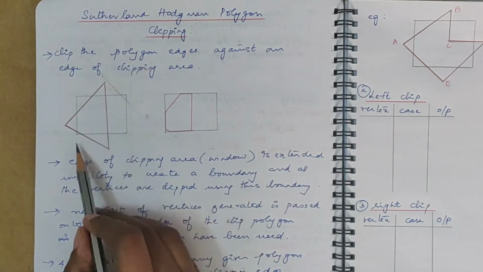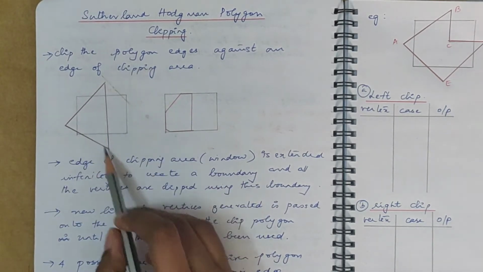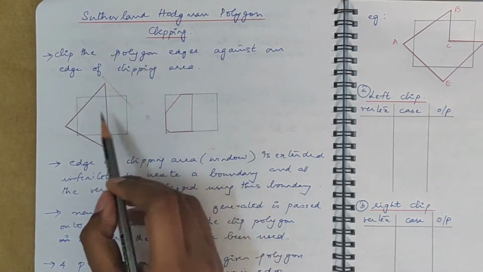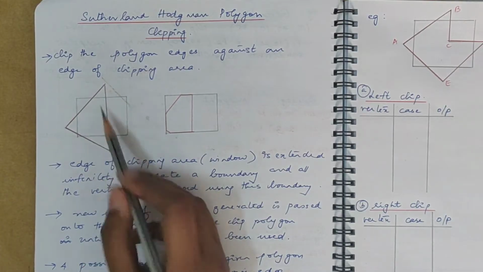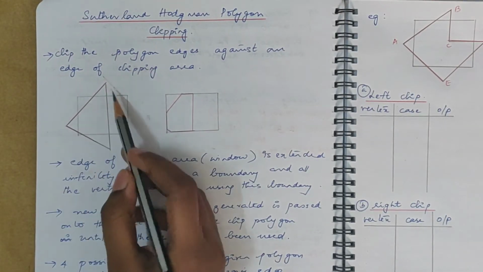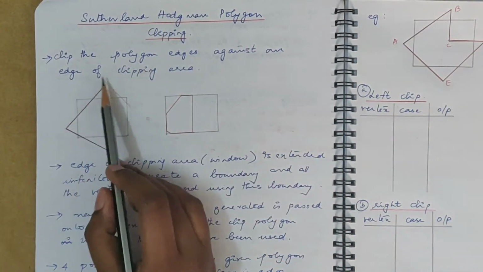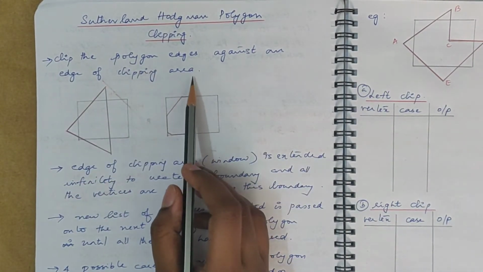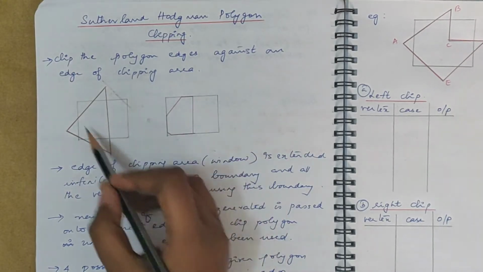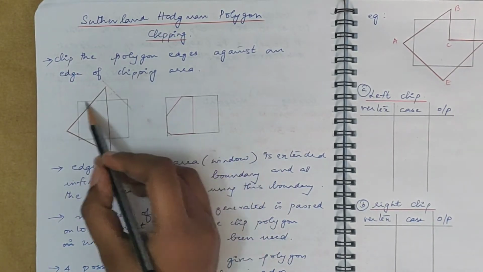So you have the clipping window and this is a polygon. You will have multiple edges, and each of those edges you will have to check with the clipping window. Polygon clipping is nothing but clipping the polygon edges against an edge of the clipping area or the clipping window. Each of these edges is clipped against the clipping area.